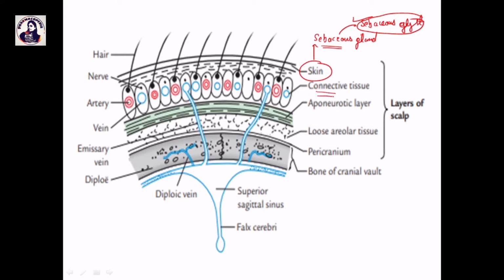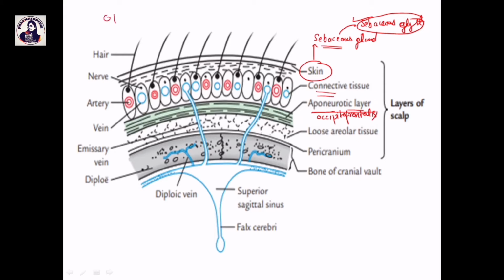The second layer is formed by the connective tissue. It contains various arteries, veins, and nerves, and it contains the dense fibrous network which connects the skin to the epicranial layer. जो थर्ड लेयर है वो है एपिक्रेनियल एपोन्यूरोटिक लेयर. It is formed by the occipitofrontalis muscle. It has two bellies.